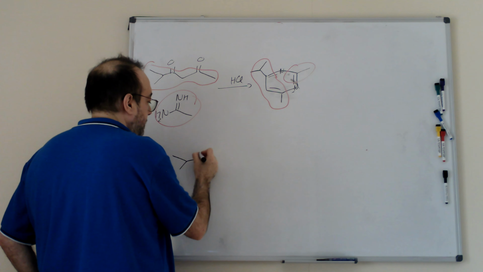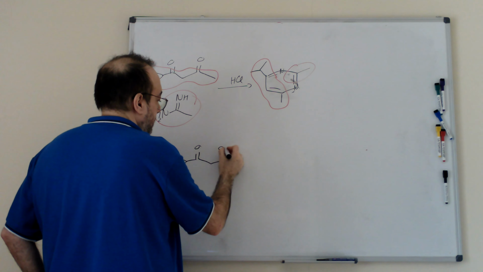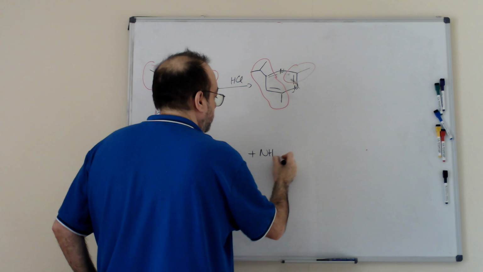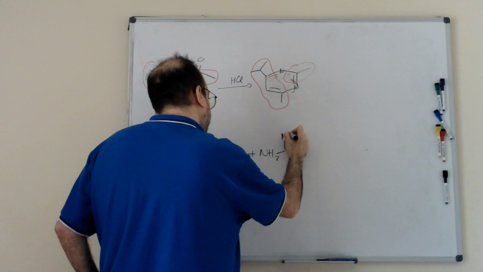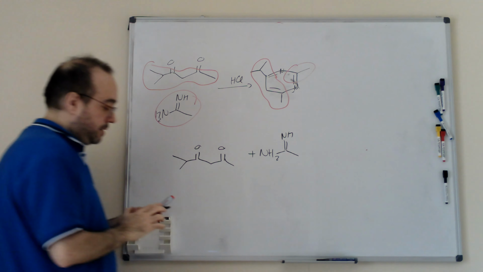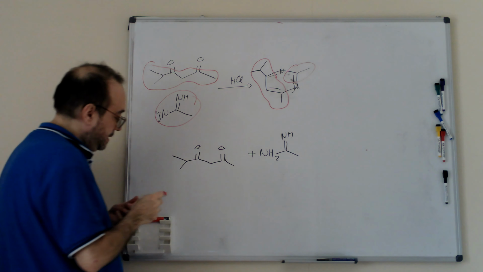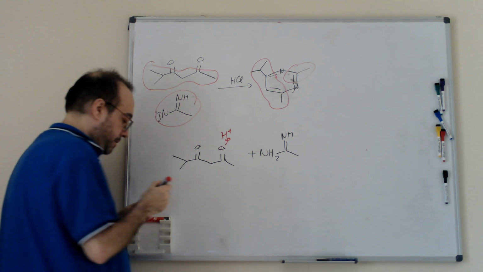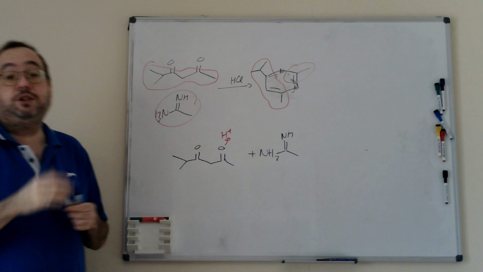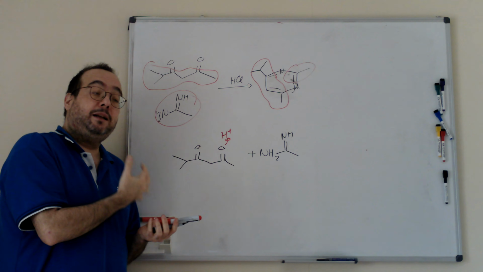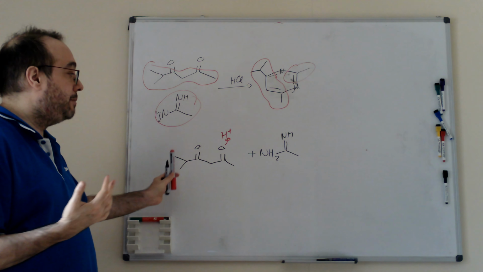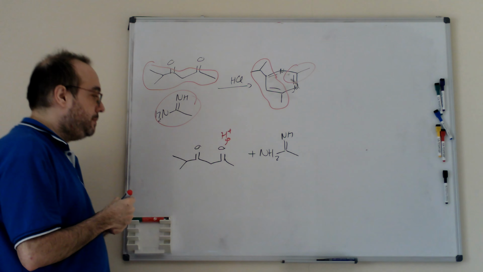we take the diketone and we add this compound. In acid media, we protonate one of the ketones, which normally I will choose the one that has less steric hindrance, but it's the same, whatever we choose will work the same.